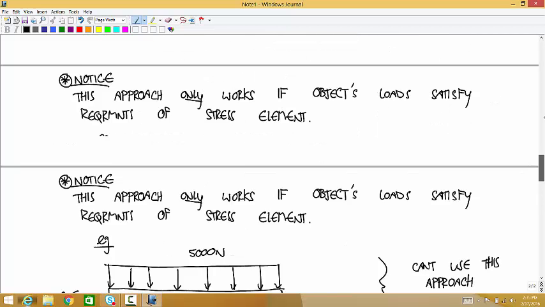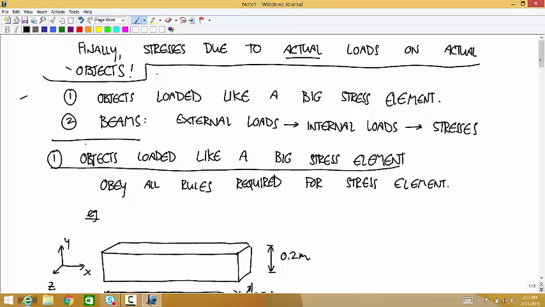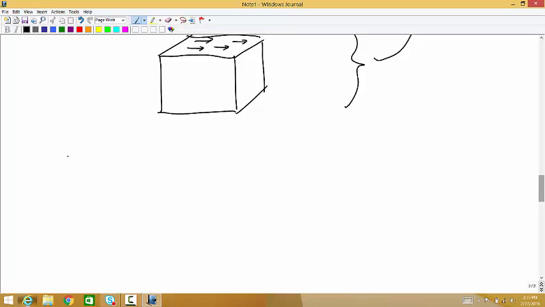Now we're moving on to what I called objects loaded like a big stress element. Okay, now we're going on to beams, and that's a good place to stop for the day. Beams are going to go on for a long time.